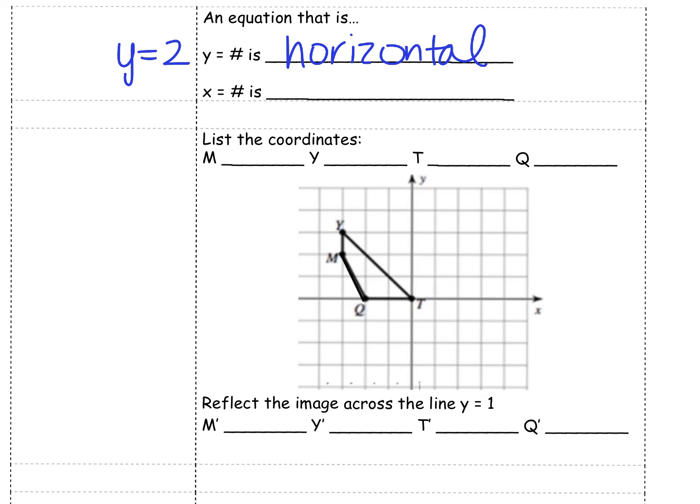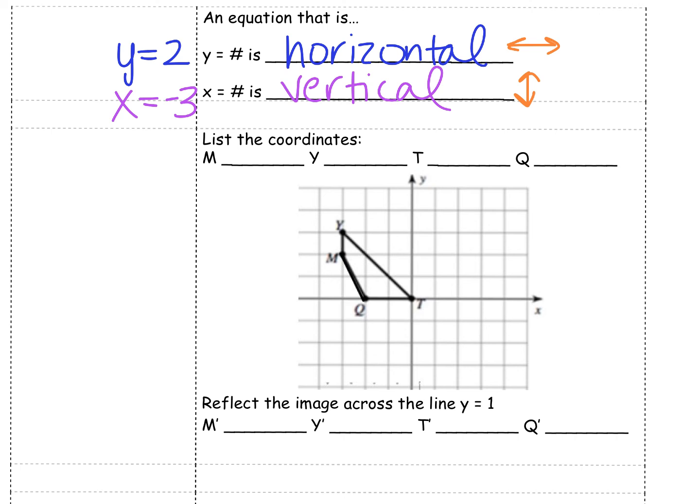The other one we might see is if x equals a number, such as x equals -3, and that's going to be a vertical line. And so sometimes instead of an axis, they tell us an equation, so we're going to have to draw in those horizontal or vertical lines at those points and then reflect across that line we create.